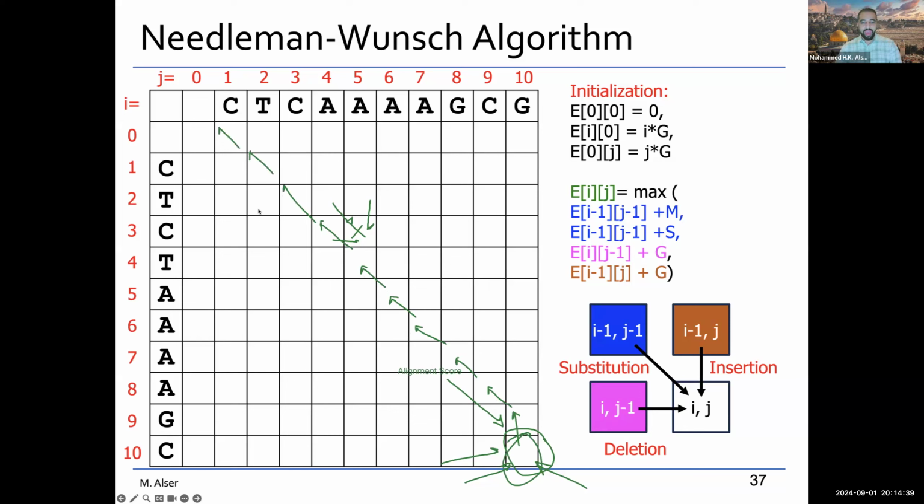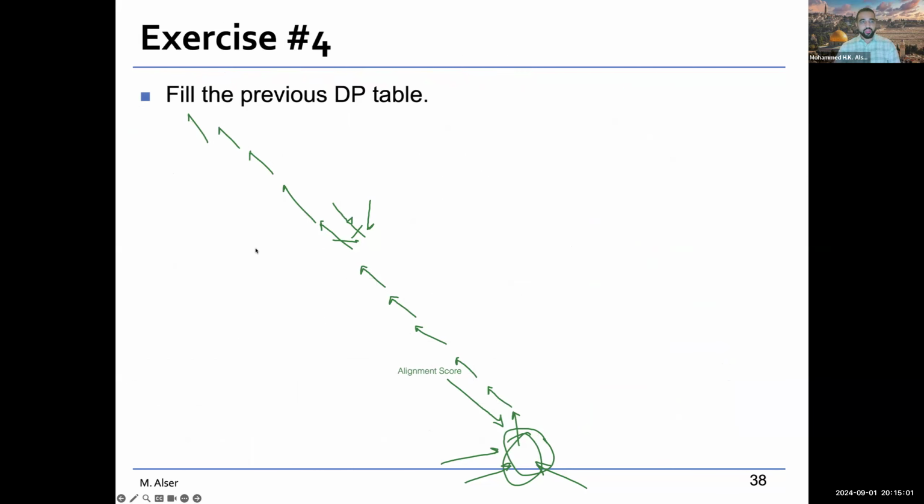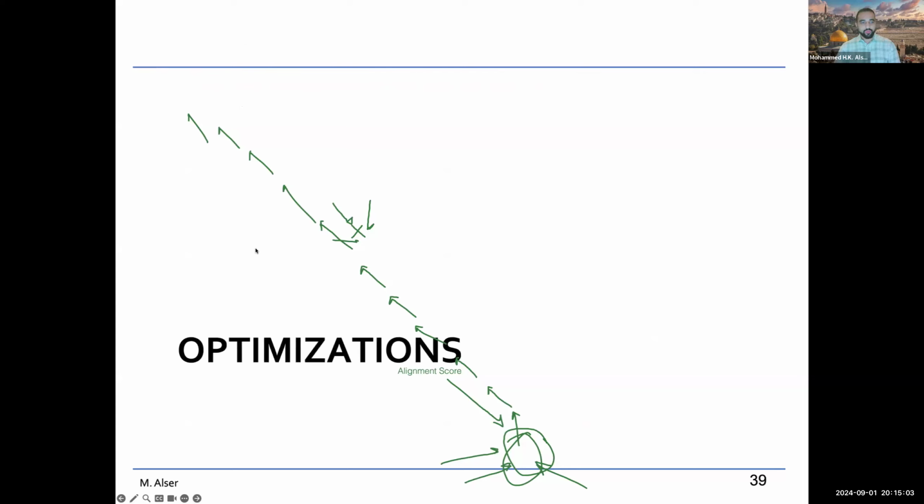The backtracking in here is exactly the same as in edit distance. That's why I'm not going to show it, okay? We call this path the optimal alignment path, and the value in here, we call it the alignment score. Okay, so that's an exercise for you.